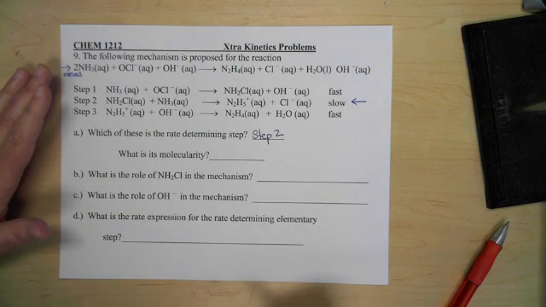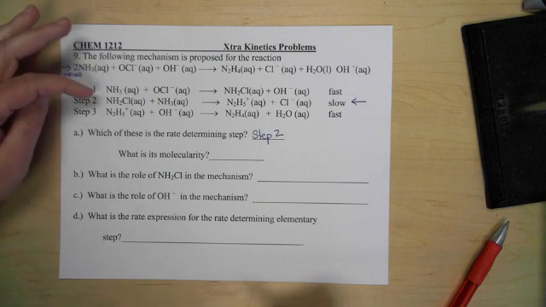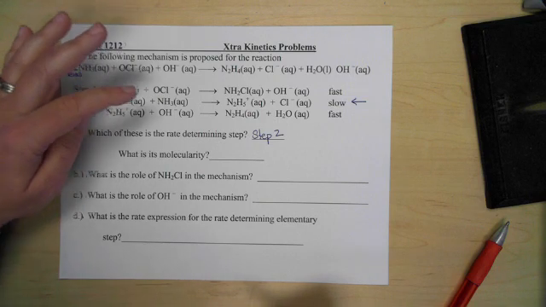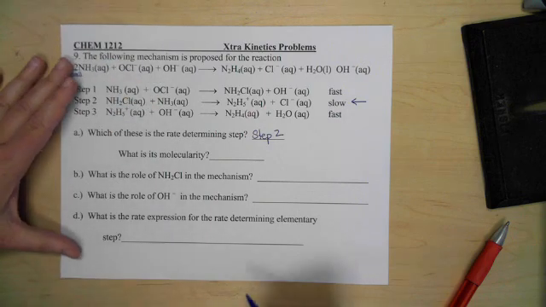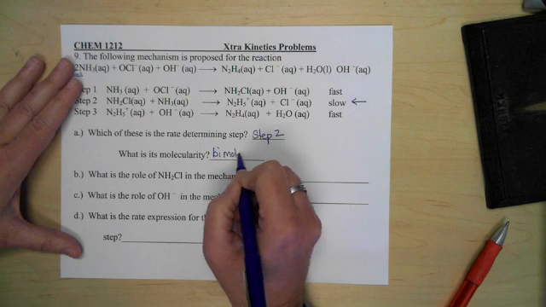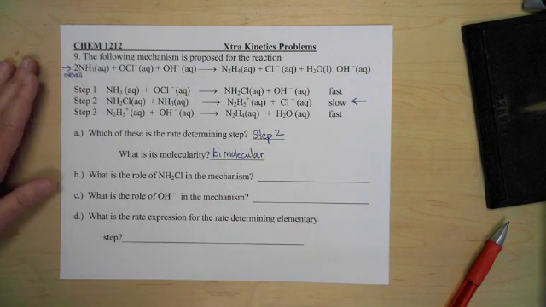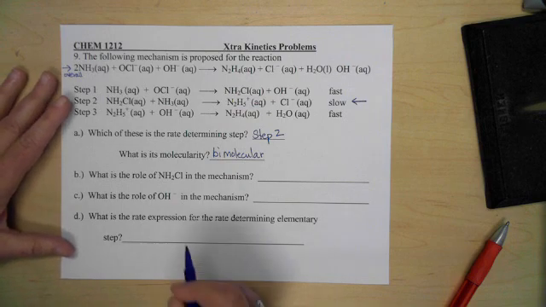What is its molecularity? Well, remember, molecularity has to do with how many molecules are reacting in the step. So if we look at it, we've got one molecule of this and one molecule of that. So 1 plus 1 is 2, so it's bimolecular. Remember, if it was 1, it'd be unimolecular, and if it's 3, it's termolecular.